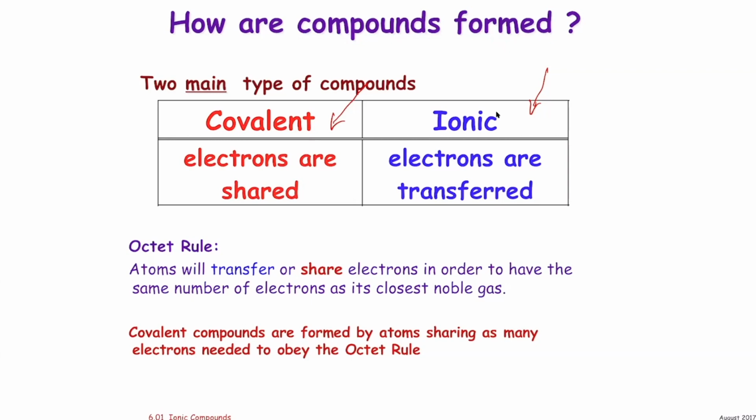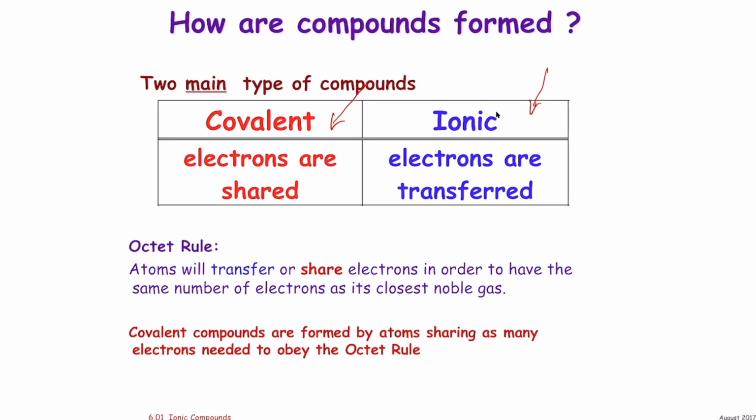So the octet rule simply says that atoms are going to give up electrons or accept electrons or share electrons until they have the same number of electrons as the noble gas. And that usually is in its outermost shell 8. That's why it's called the octet rule.